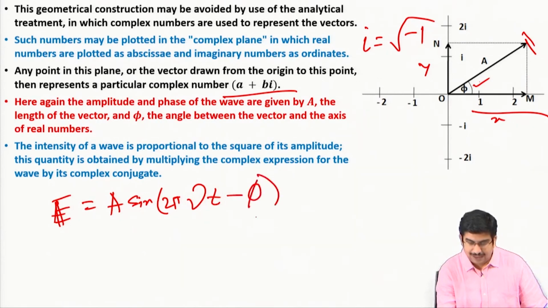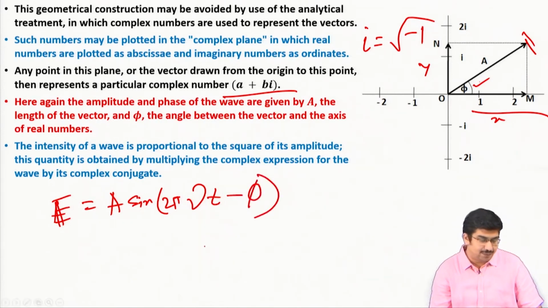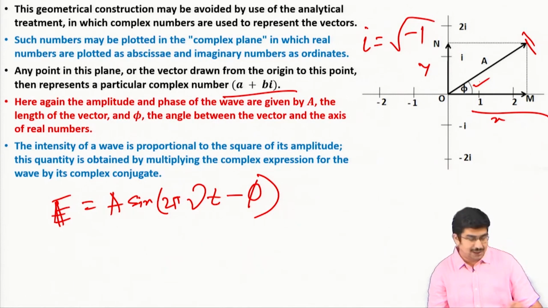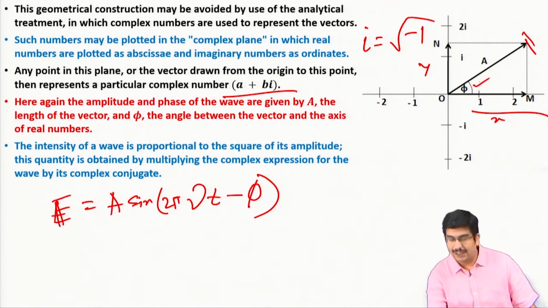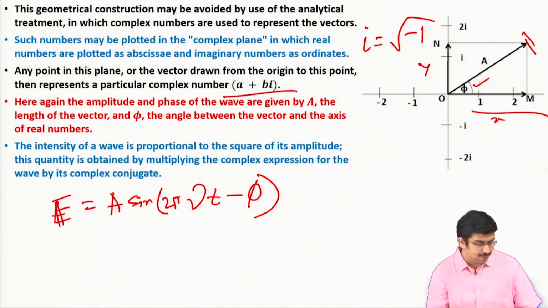minus phi. This is the general expression that we earlier wrote for the waves that are coming out from each of these planes or each of this set of atoms. So, we can represent them in this complex plane itself, and similarly now we can add them up using this complex number.